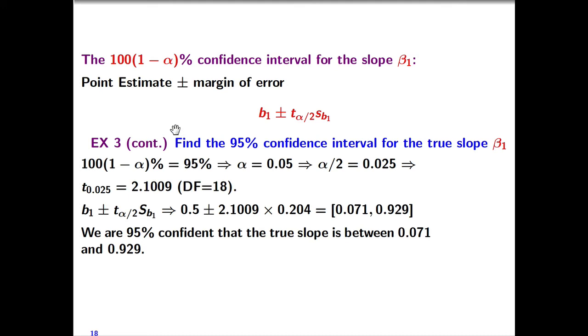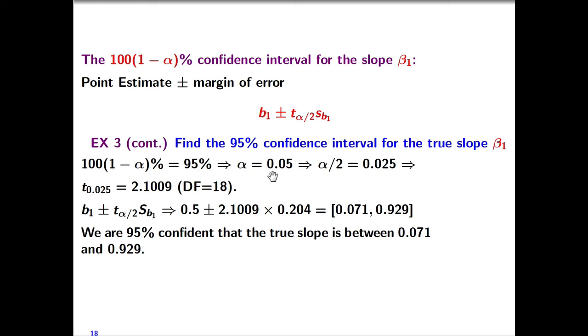And let's see, our example number 3 is the continuation. Find the 95% confidence interval for the true slope beta 1. This is 100 times 1 minus alpha percent equals 95%. We cancel out the 100 and the percentage to get 1 minus alpha equal to 0.95.